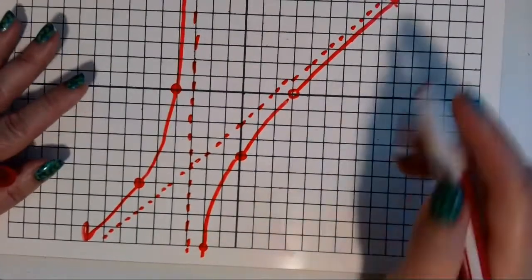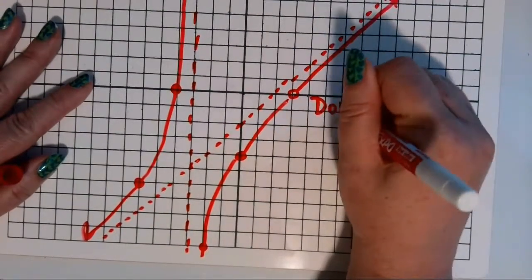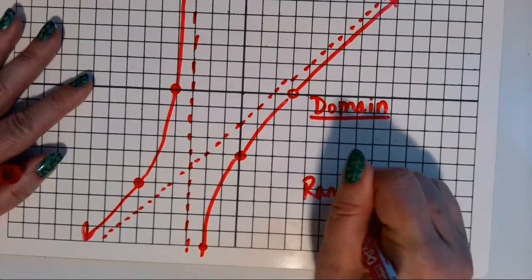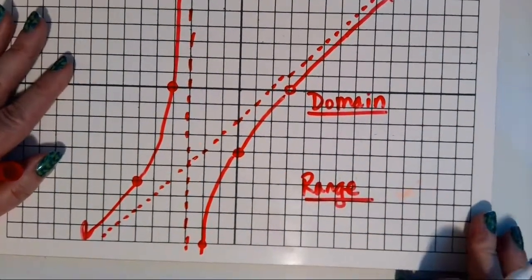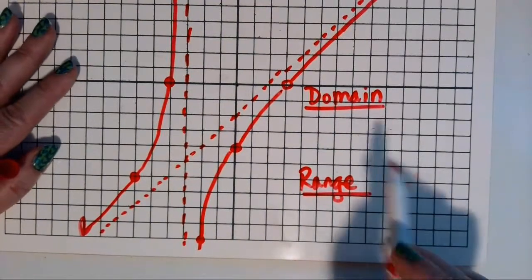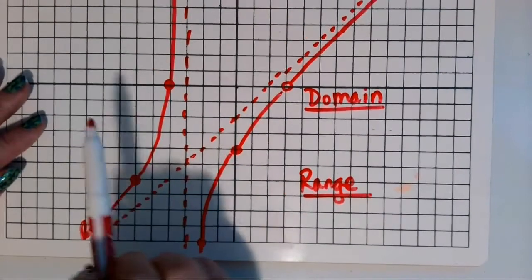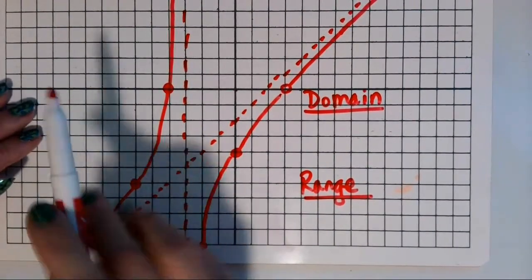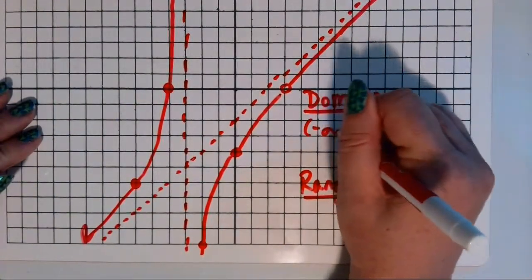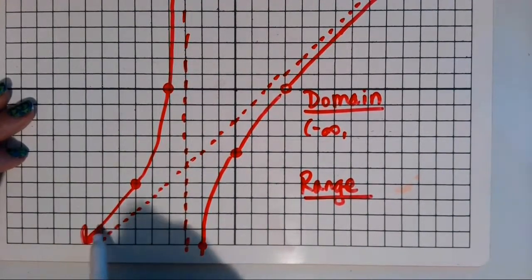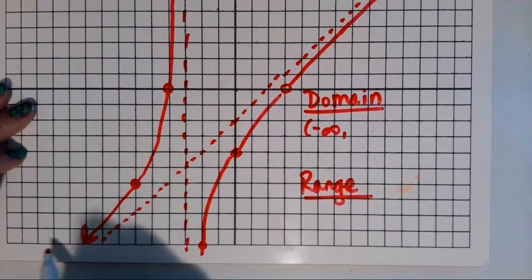Okay, so now we want to identify the domain and the range for example B. And for the domain, we're going from left to right. So starting at negative infinity in the x direction, we come along here, and this is going forever down and to the left.